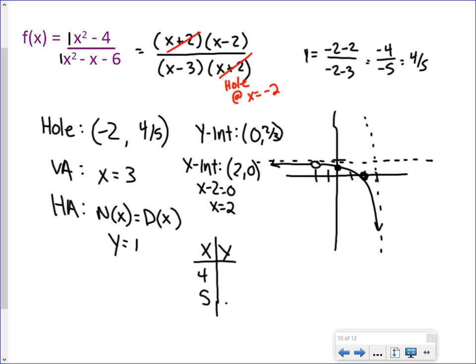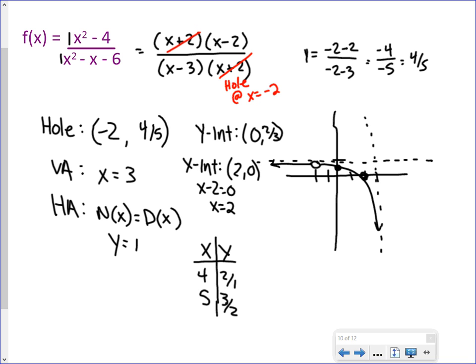Now here's where your reduced function can be real handy. Instead of having to plug 4 and 5 into the original with all those x's, just plug it into the leftover factors. So 4 minus 2 and 4 minus 3 will give me 2 over 1. And if I plug in 5, 5 minus 2 and 5 minus 3 will give me 3 over 2.